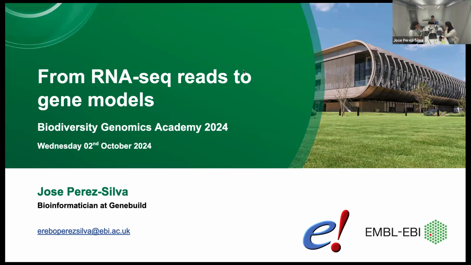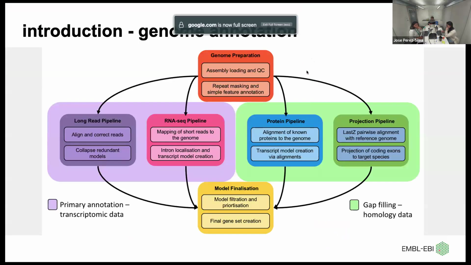So yeah, as I said, this is a very short exercise, like a bit of a mock of an annotation, or specifically one of the steps of the annotation we perform. We are going to try to turn some RNA-seq reads into gene models. It's a good thing that Swati has explained to you all about our pipeline.